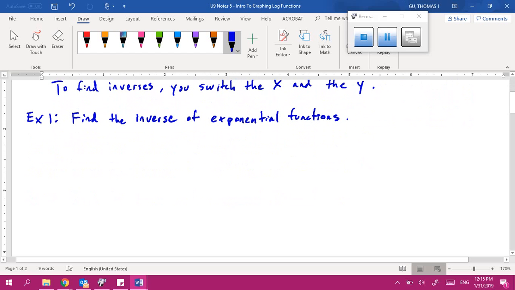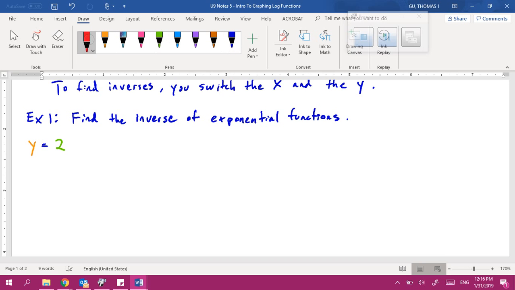For the first example, if I give you y equals 2 raised to the x, find the inverse of this exponential function. What kind of function is the inverse of an exponential? The logarithmic. Can you take this exponential form and change it into a logarithmic form? How?